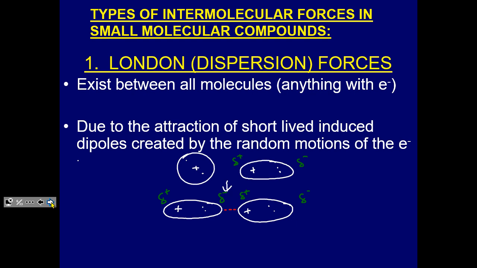But the more electrons means it's a heavier thing. Because if we think about when we count electrons, as we move down the periodic table, there's more and more electrons in those orbitals, and it gets heavier and heavier because there's more protons and neutrons. So a very simple way to describe the effect of London forces is to simply look at their molar masses.